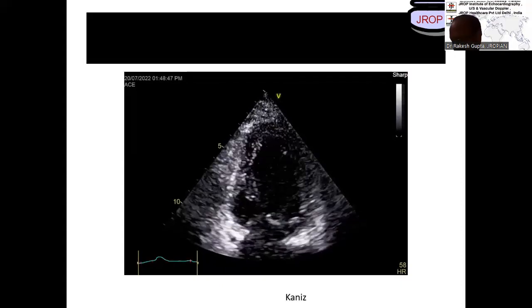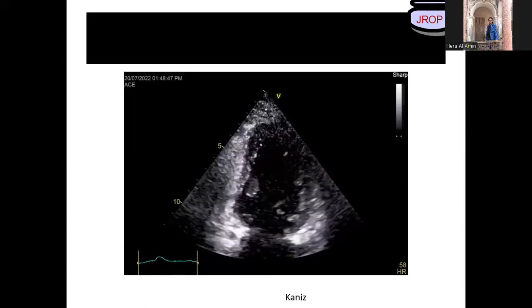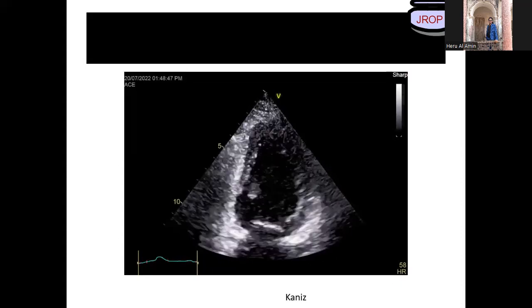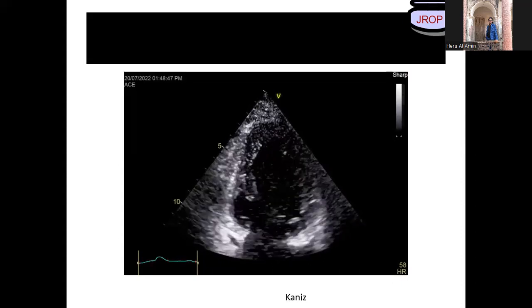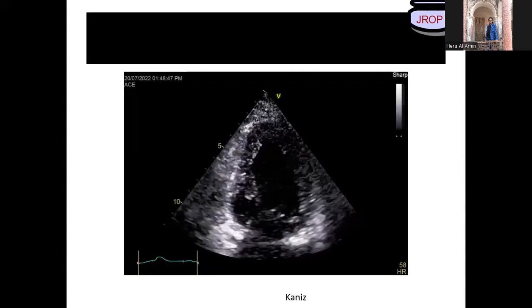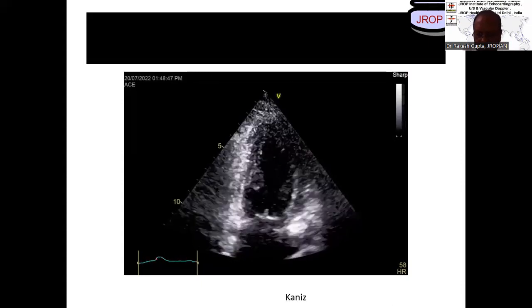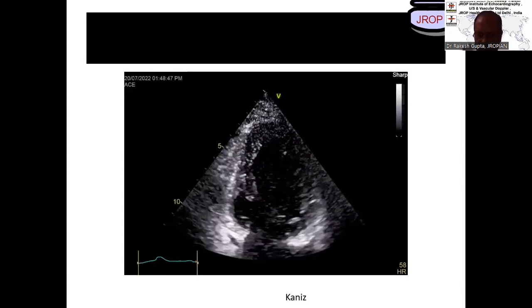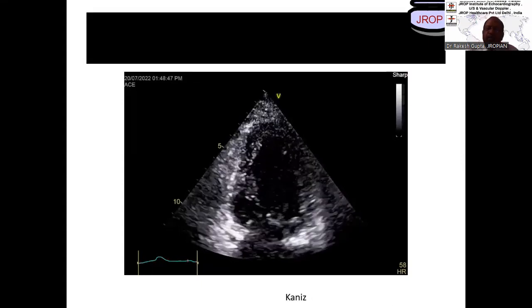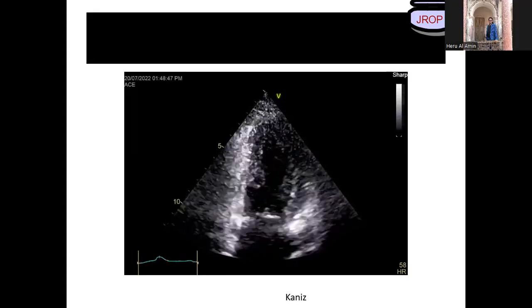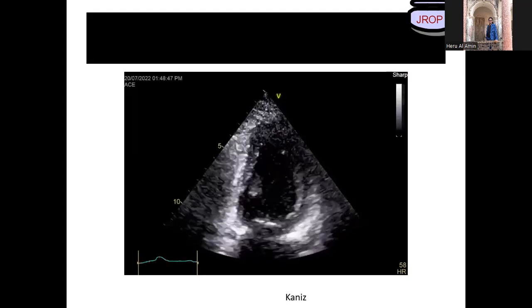Tell me, Hiru, any abnormality in this view? Sir, this is the apical two-chamber view showing the inferior wall and anterior wall are normokinetic. Okay. Just the basal part of the inferior wall is possibly hypokinetic.